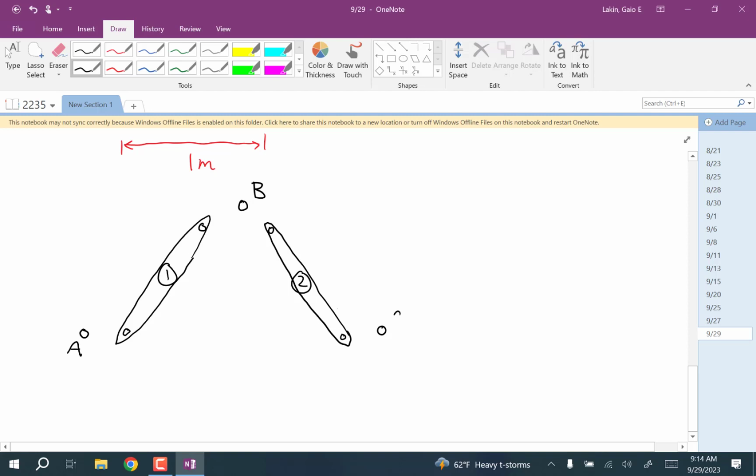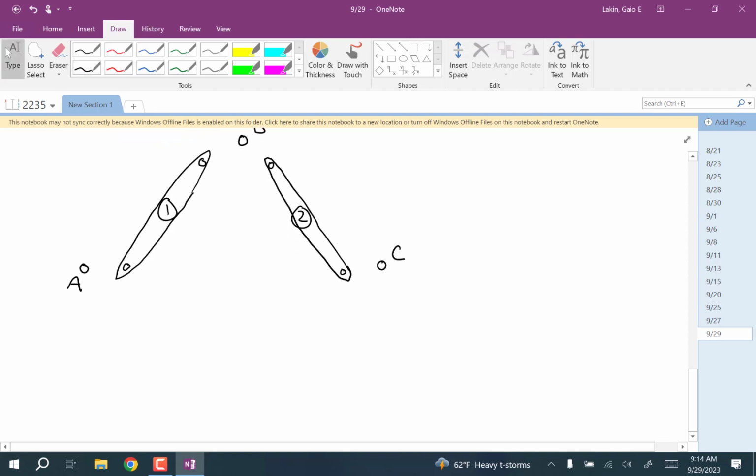And then we have C. And we did rigid body statics on each of the 2 long members, 1 and 2. And that gave us the following set of equations.